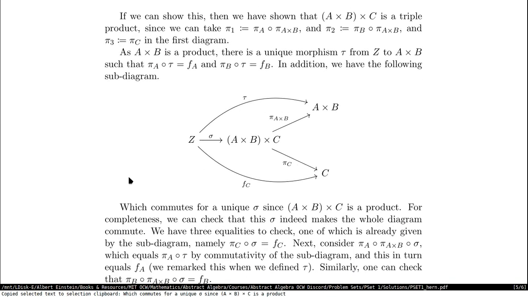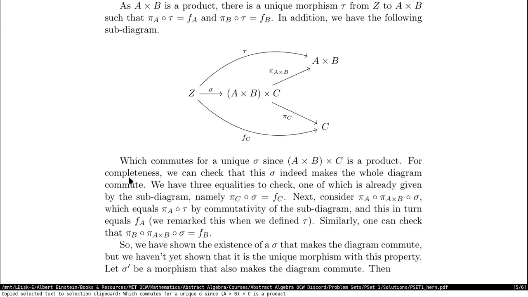So you get the uniqueness from the subdiagram. That's interesting. You get the uniqueness from the subdiagram because this thing, A cross B cross C, is a product.